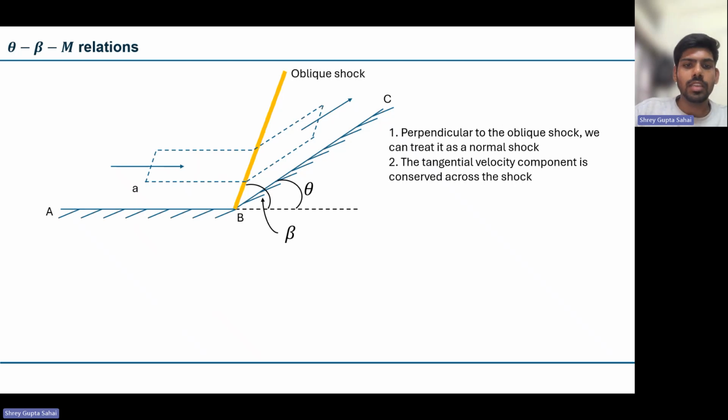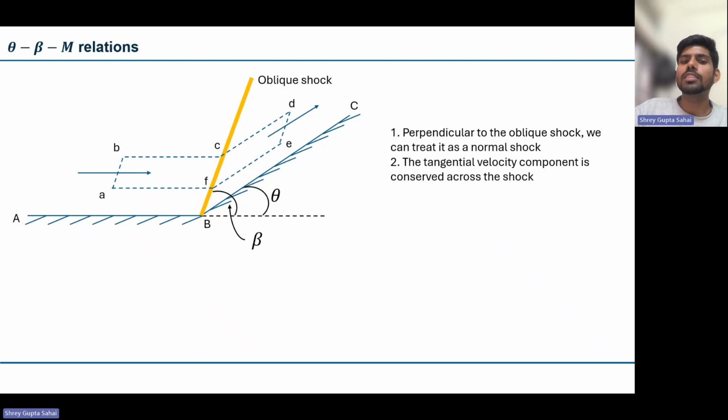If we mark it as A, then B, then C, D, and finally F. So we can do mass balance and momentum balance, and maybe energy balance is not required.